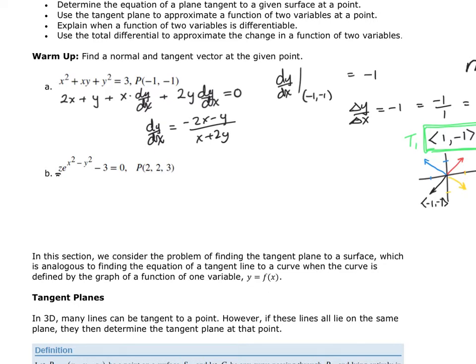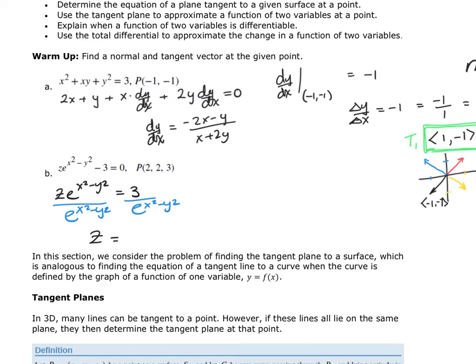Let's move the 3 over as well: z times e to the x squared minus y squared is equal to 3. Let's divide both sides by e to the x squared minus y squared. Then I'll have z all by itself, and that allows me to treat it as in 2D.